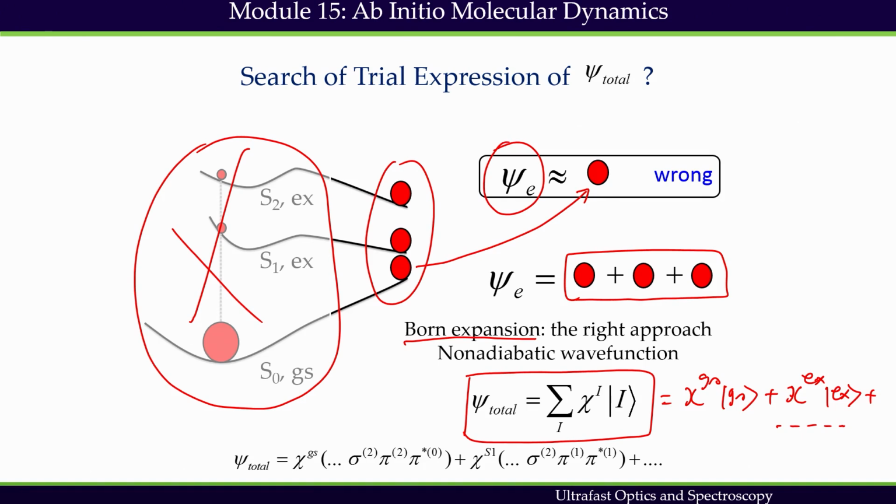So the Born-Oppenheimer approximation breaks down if electronic states are very close lying. Then representing the total wave function with only one electronic configuration is not appropriate. The right approach is to take all important contributions. The above representation is called the Born expansion of the total wave function. In this case, the total wave function is no longer adiabatic; rather it is non-adiabatic because we are now mixing electronic configurations.